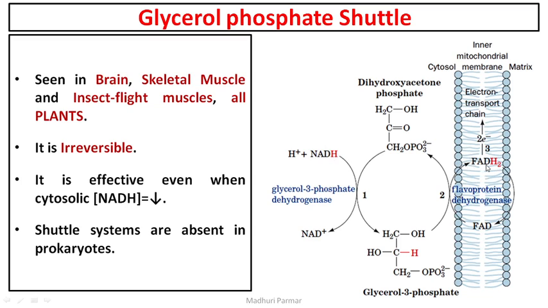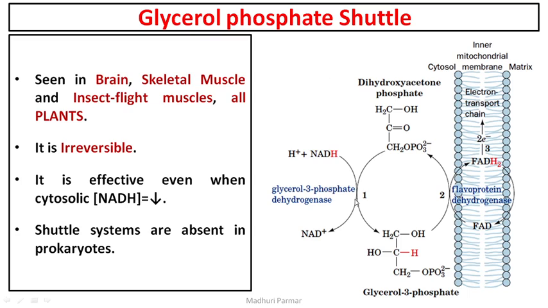Now FADH2, we know, generates less ATP compared to the NADH. Clear? So here in glycerol phosphate shuttle, because NADH is converted into FADH2, we generate a few ATP less. How many exactly? We shall study in the coming slides.